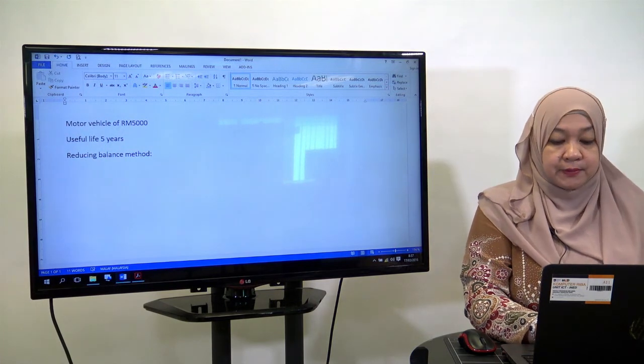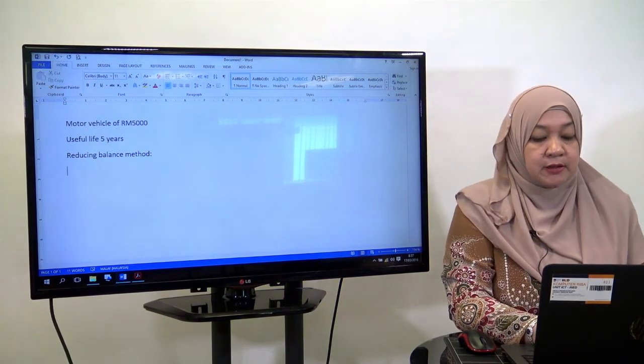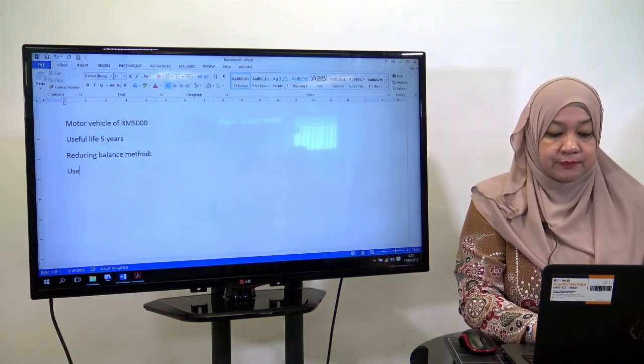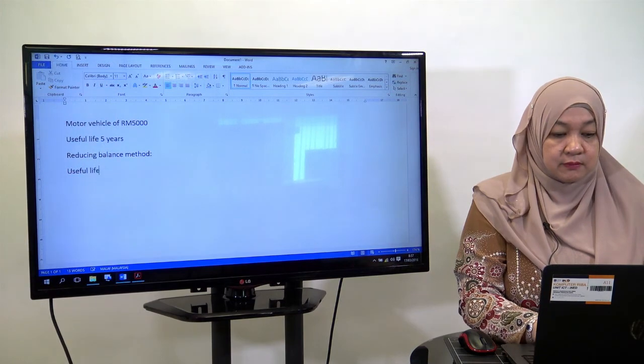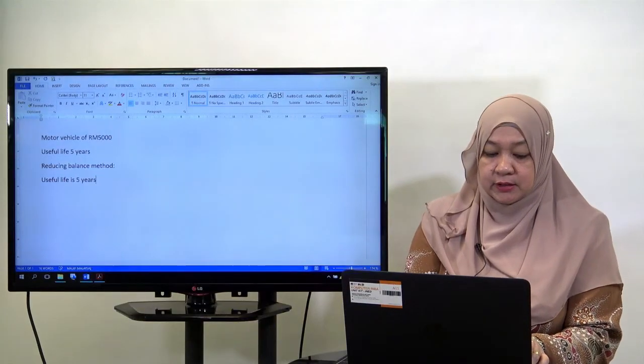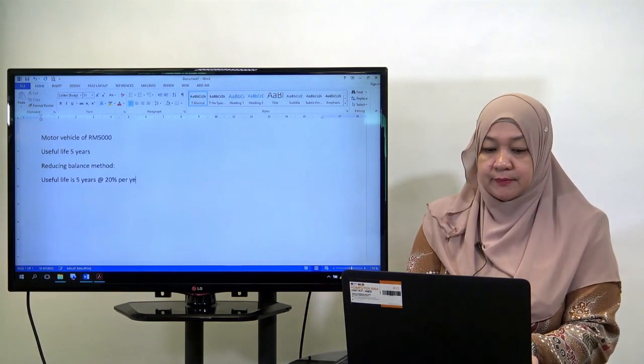So if the useful life is 5 years, this is equivalent to 20% per year.